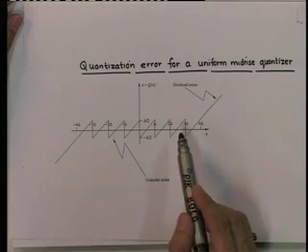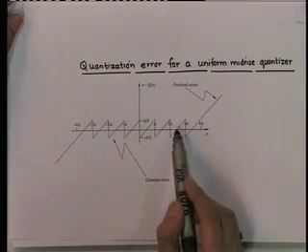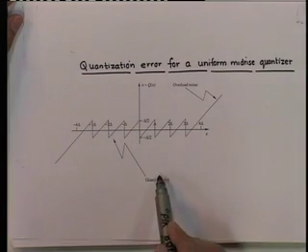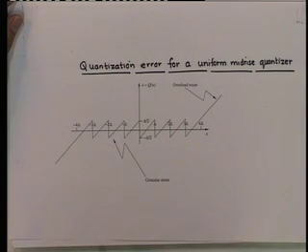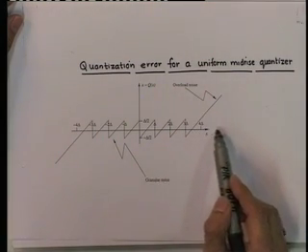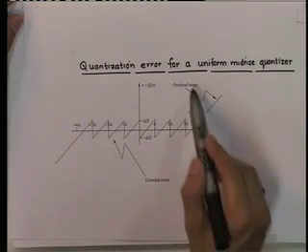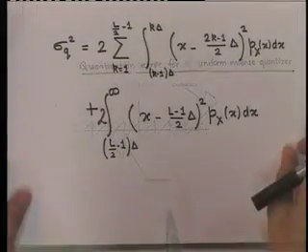These two types of quantization error are given different names. The bounded error is called granular error or granular noise, while the unbounded error is called overload error or overload noise.